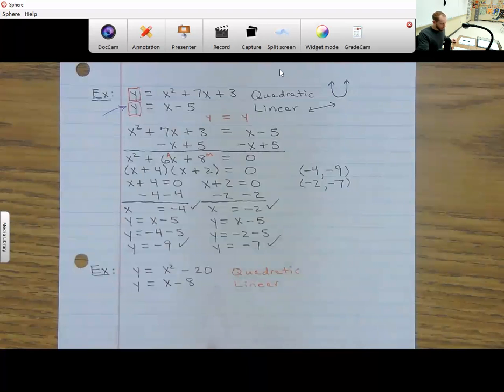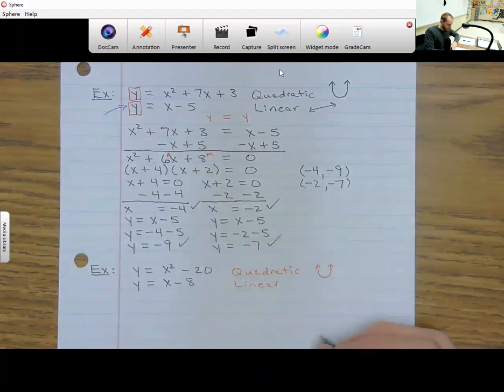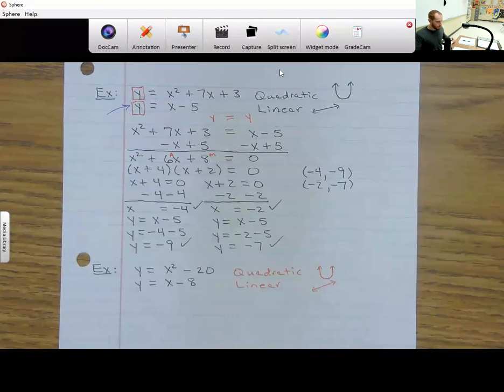So when I graph the top equation, I should get a U shape that looks like this. And when I graph the linear equation, I'm going to get a line that looks like this. And we'll see how many times they cross. All right, so let's set them equal to each other.